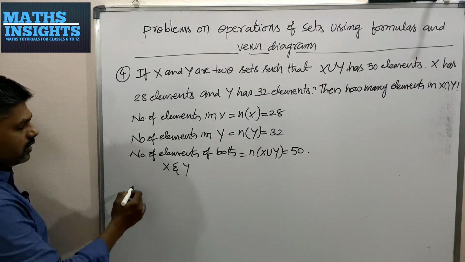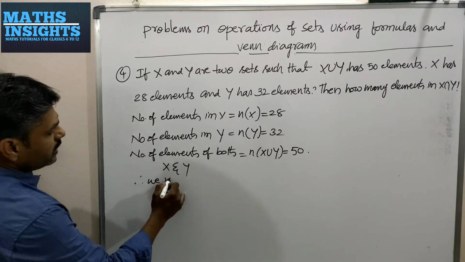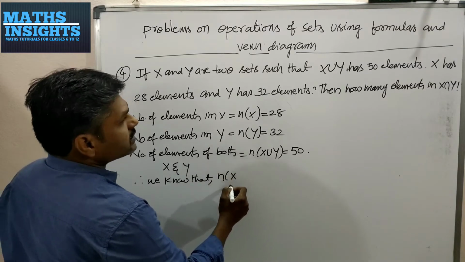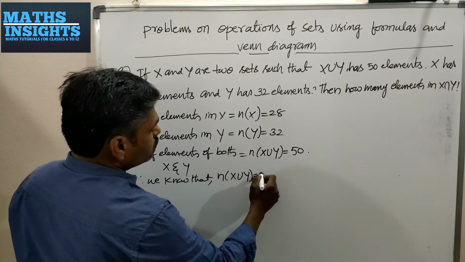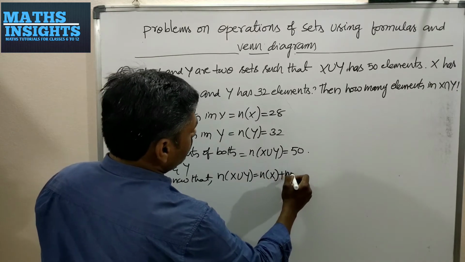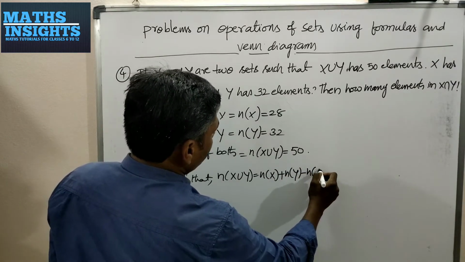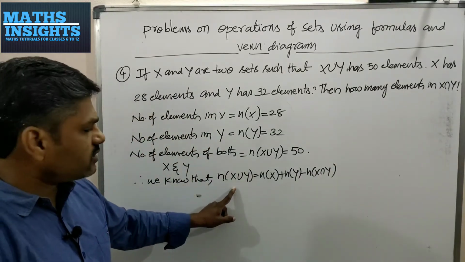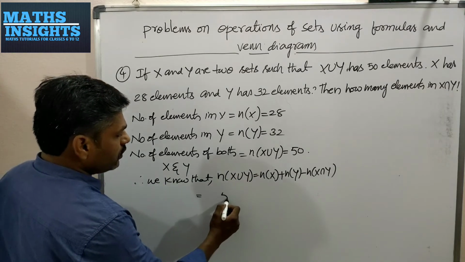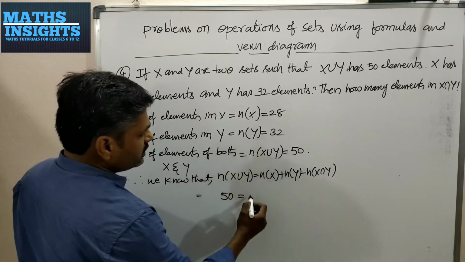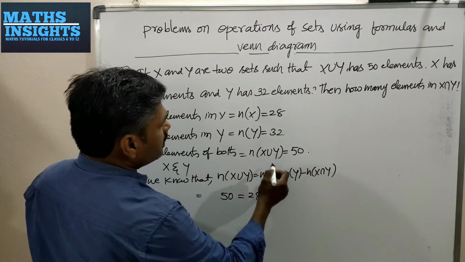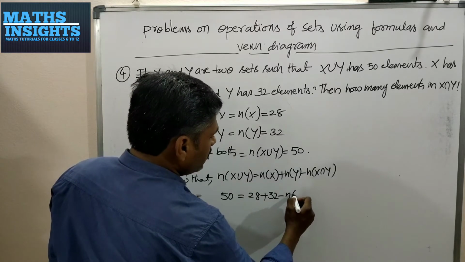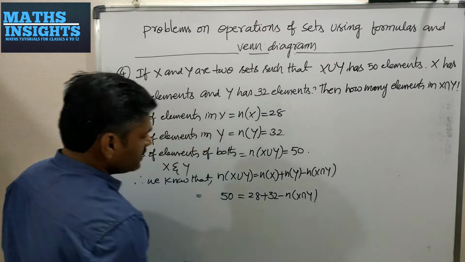Now, we know that we discussed this formula: n(X union Y) is equal to n(X) plus n(Y) minus n(X intersection Y). You know the number of elements of X union Y, that is 50. So 50 is equal to n(X), which is 28, plus n(Y), which is 32, minus n(X intersection Y), which you don't know, so I will write it as it is.